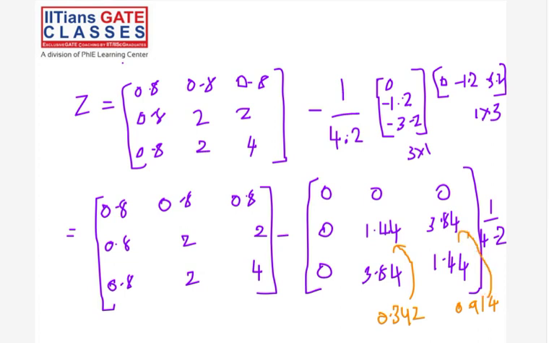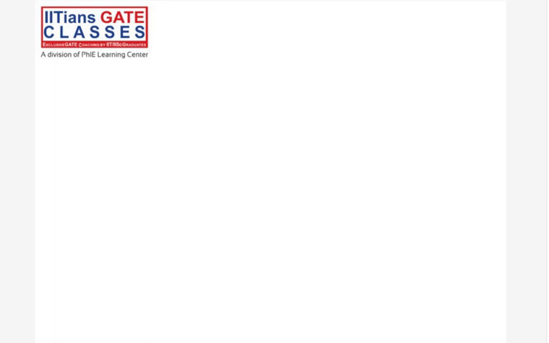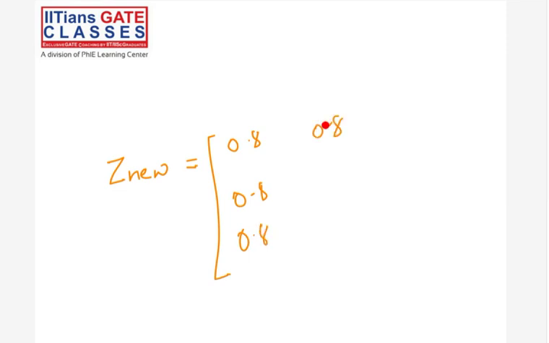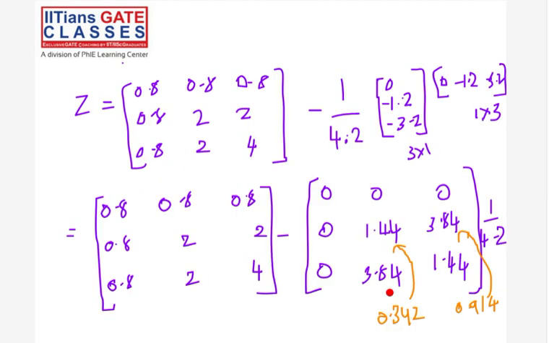So if we calculate, Z bus is, and this is 2 minus 3.42.